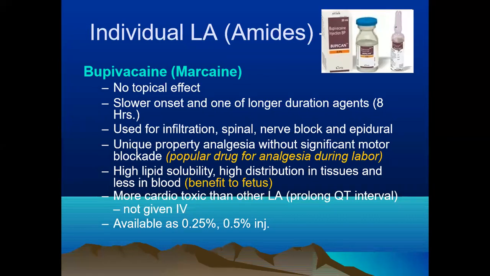The good thing about this amide is that it causes an analgesic effect. It is highly lipid soluble and highly distributed in tissues. As you know, drugs which are lipid soluble are distributed in tissues, whereas drugs which are protein bound stay in the blood.